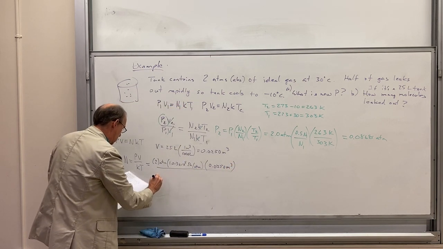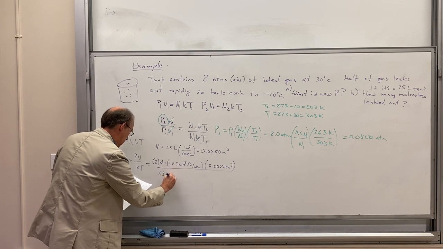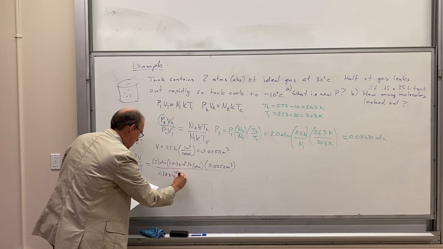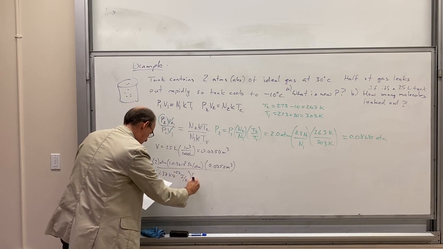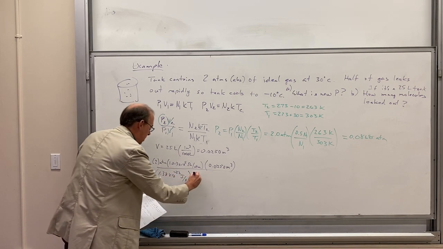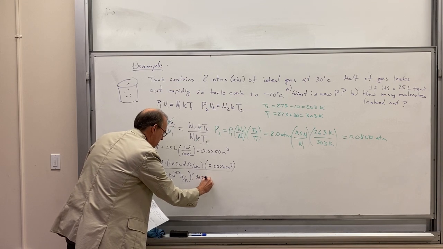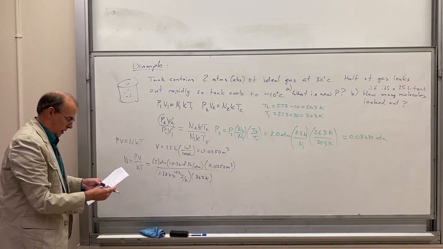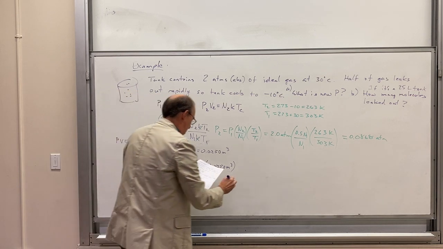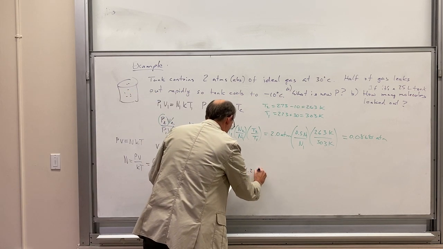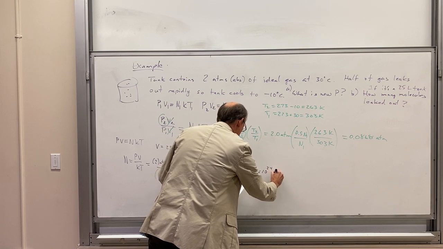over K, which is 1.38 times 10 to the minus 23 joules per Kelvin, times T, which in the beginning was 303 Kelvin, we just did that. That gives me 1.21 times 10 to the 24 molecules.